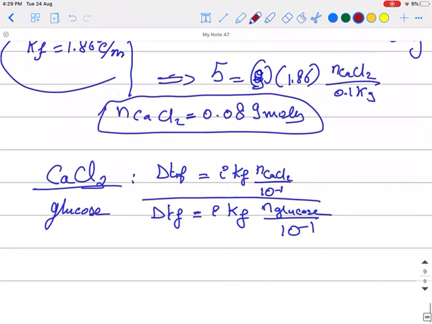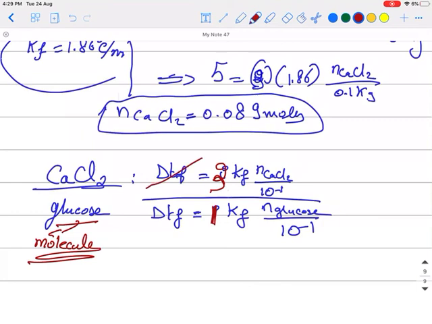In comparison, I will be able to relate the number of moles of calcium chloride and that of glucose. i in calcium chloride is 3, as we said, 3 ions. Here we have 1, because glucose is a molecule. It does not dissociate into ions, so it's 1.